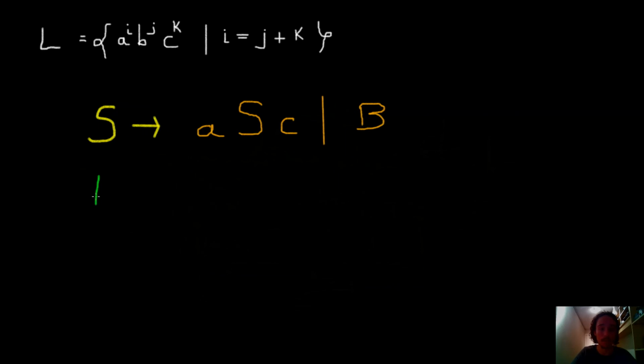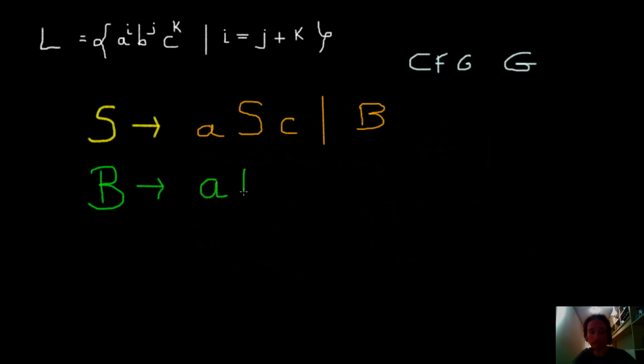Let's define B now. So the state B, as we've said, is to generate A's and B's. So here I have A B B, right? And now we also need to have a way to stop this generation process. Otherwise, we will have an infinite length word, a word of infinite size.